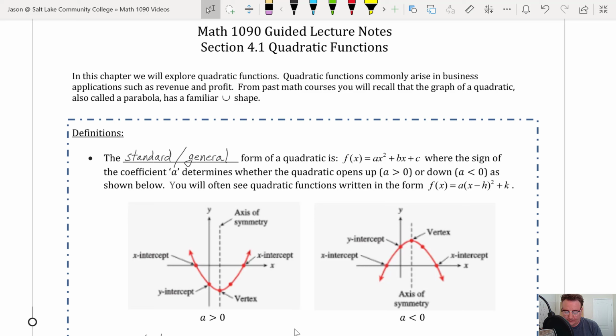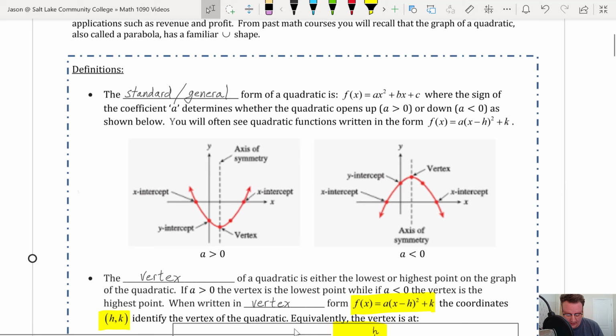You will often see quadratics written in the form f of x equals a times quantity x minus h squared plus k. This is called vertex form. We'll see more about vertex form next.